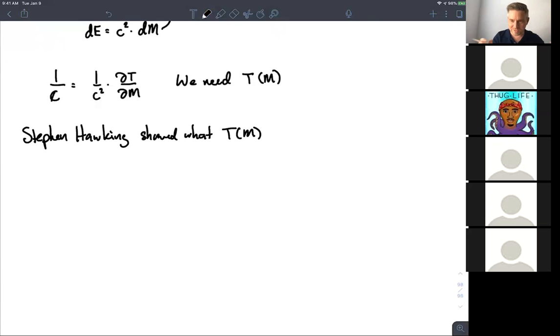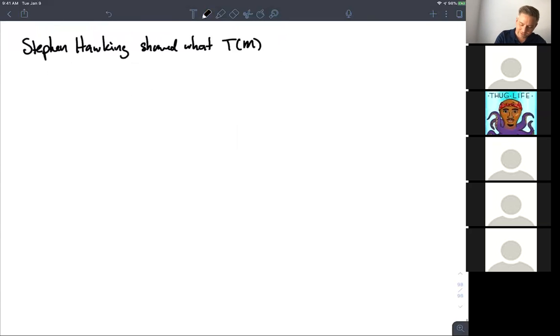Now, what does it mean for a black hole to have temperature? Here was Stephen Hawking's argument. You guys have taken quantum mechanics before, right? Quantum mechanics says that there is something called the uncertainty principle.